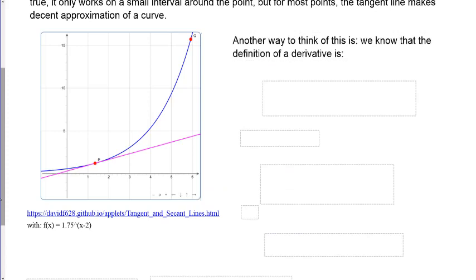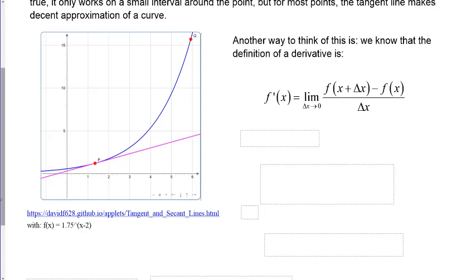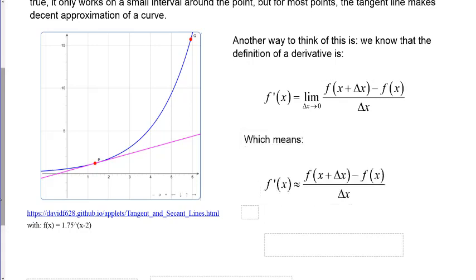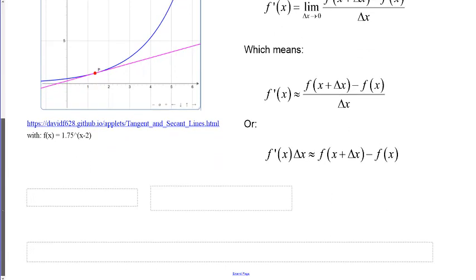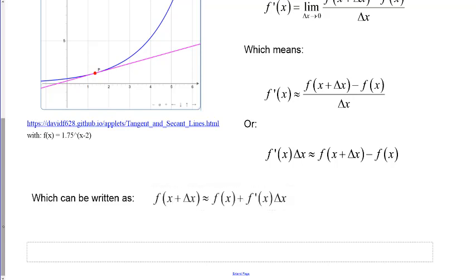Just walking back through the steps that we just did, the derivative is defined as a limit, which means we can make it an approximation by taking away the limit, or rearranging those terms. We can write this in a form that tells us how delta y and the derivative times delta x relate. But then manipulating that a little bit, if we get f of x plus delta x by itself, then what that says is the function itself is approximately f of x plus f prime of x times delta x.